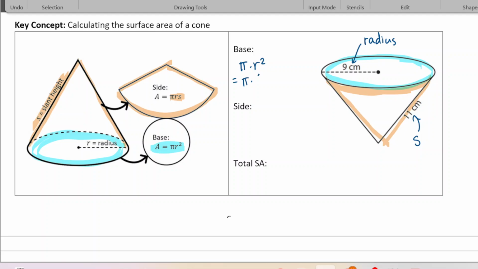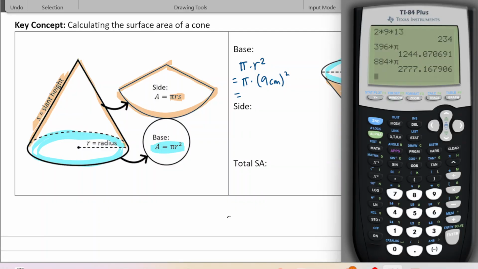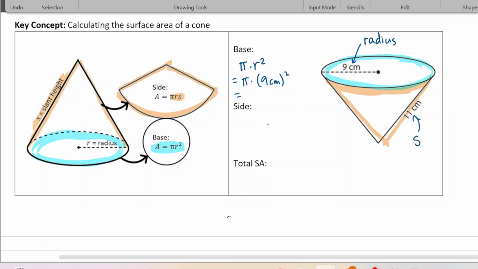So it would be pi times 9 centimeters squared. Now remember, don't type pi in until the very last step on your calculator. It just avoids dealing with decimals all along the way. So I'm just going to type in 9 squared, which I can do in my head. Oops, I've written the wrong one here. 81. So it's just 81 pi centimeters squared. That's the base.